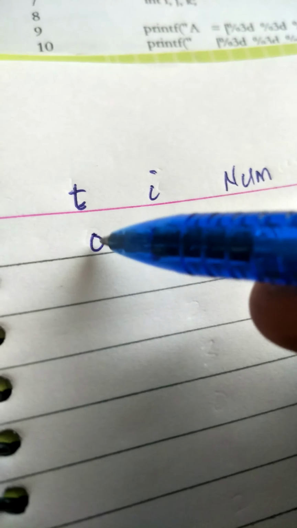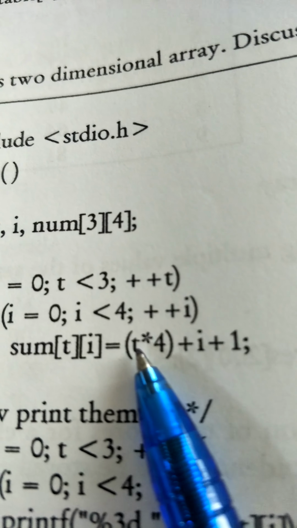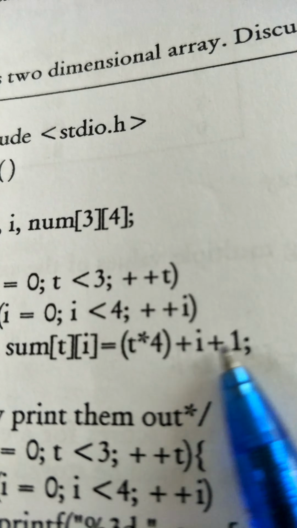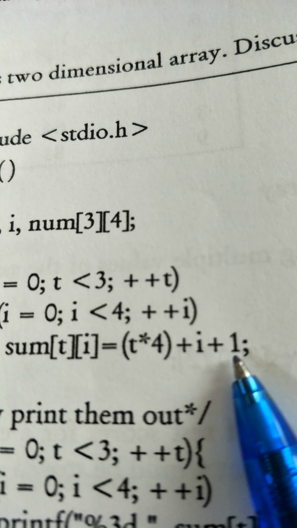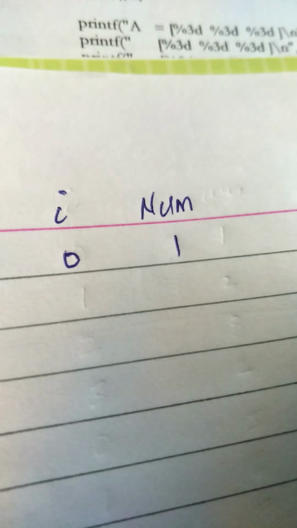If you calculate the mathematical formula, t is 0, 0 times 4 is 0, plus 0, plus 1, that gives you 1. So sum here is 1.